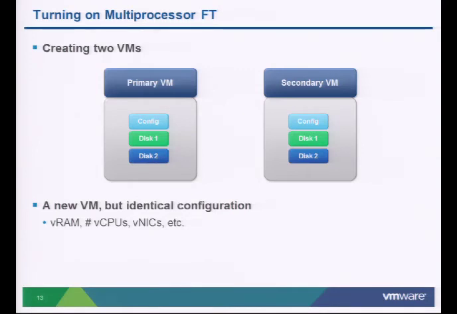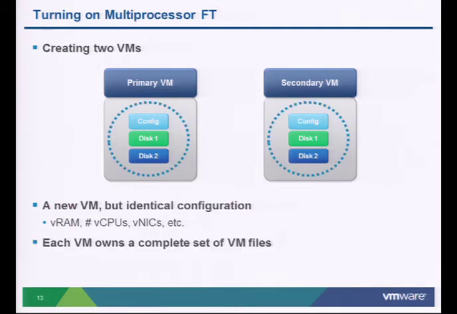It has one difference, which is that each VM owns a complete set of VM files. So it's a completely independent, completely new VM that you're creating. It's an important concept to remember. In particular, they'll both have their own separate VMDKs. And when you create these two VMs, they have these roles.